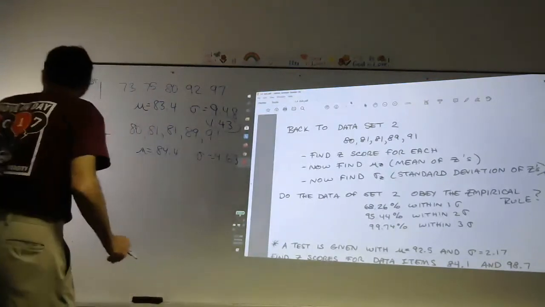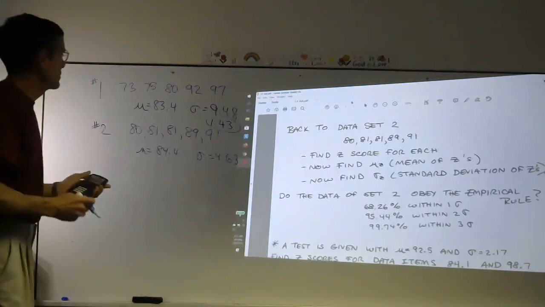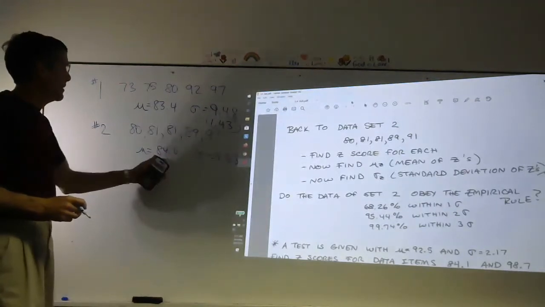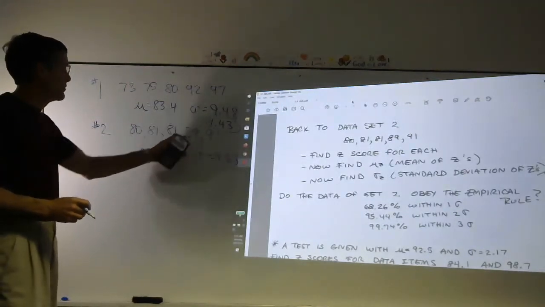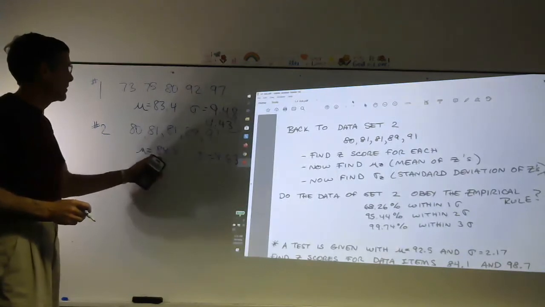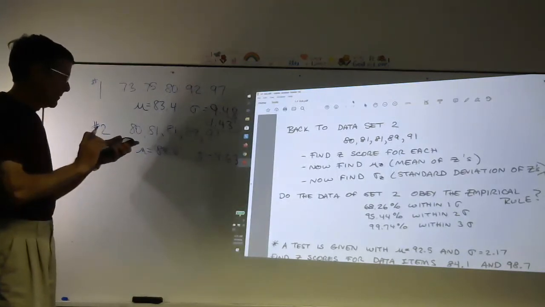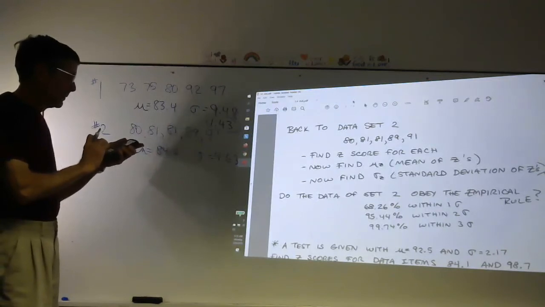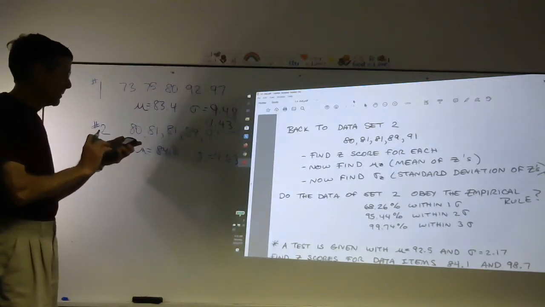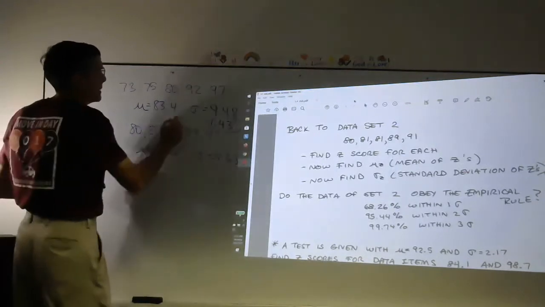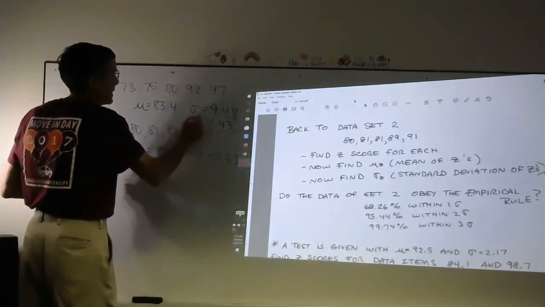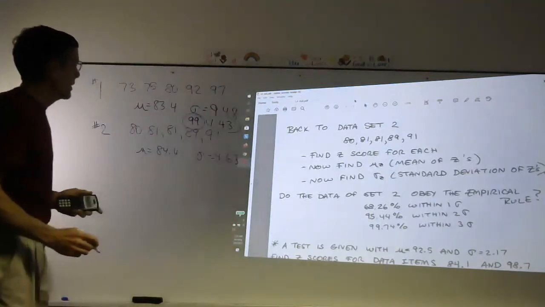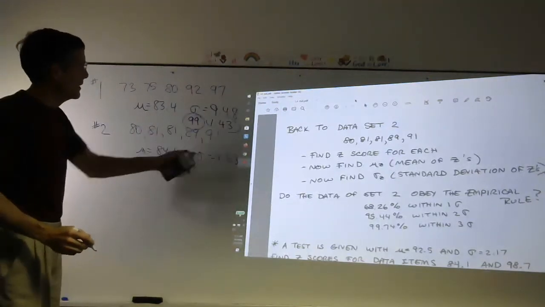Now let's do each of the other ones. 89 minus 84.4. If it was just 84, it would be 5, so it must be 4.6. So I take 4.6 divided by 4.63, and I get 0.99. Okay, it's not quite a whole standard deviation away.